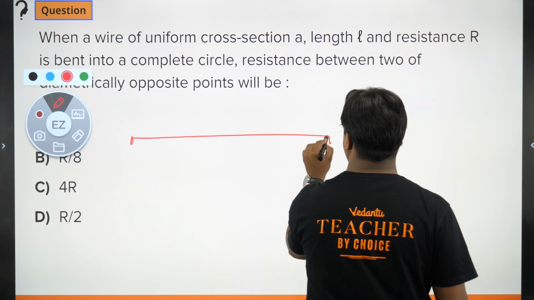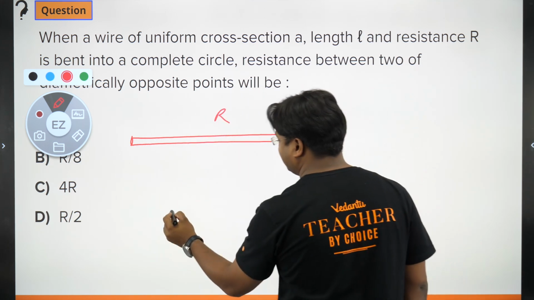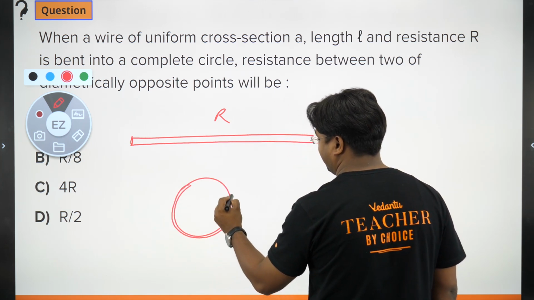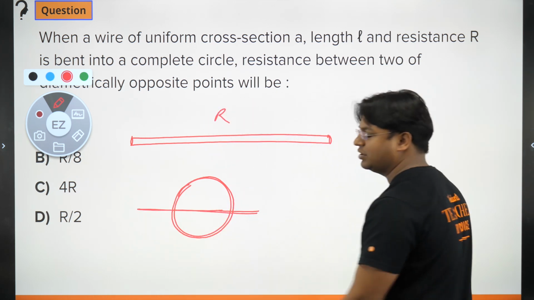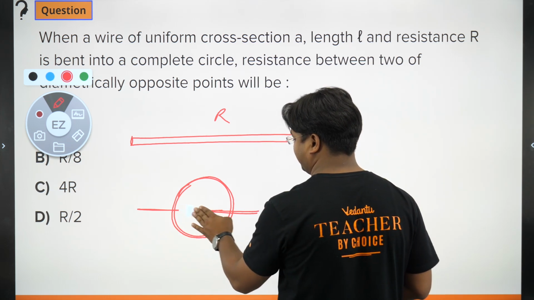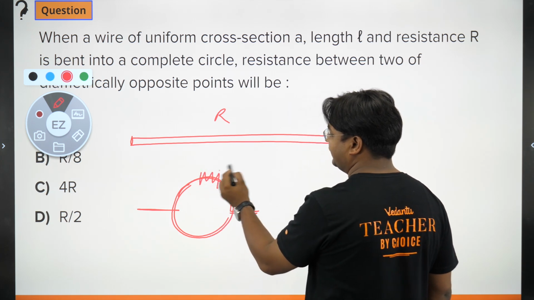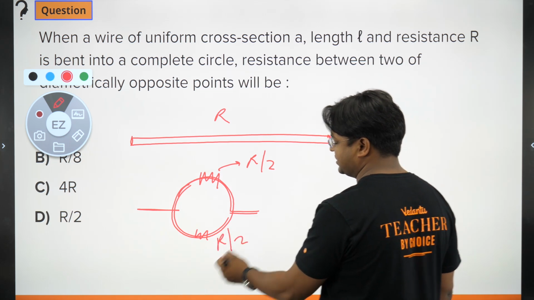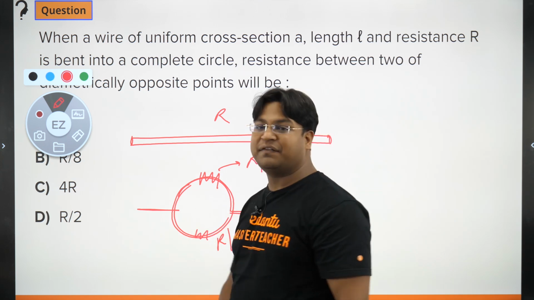So this wire had a resistance R. Now if we bend this into the form of a circle, and we are talking about the equivalent value across a diameter, this particular part will have half the resistance, and this other part will have half the resistance, and the two parts are joined parallelly, so the equivalent value becomes half.